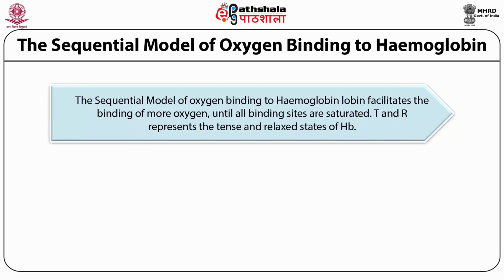In this model, what it basically tells, which is very different from the previous model, is that it is not necessary that all the monomers in a tetrameric enzyme have the same conformation. Oxygen binds to one subunit, and the binding of oxygen to that subunit will bring the structural change only in that monomeric subunit.